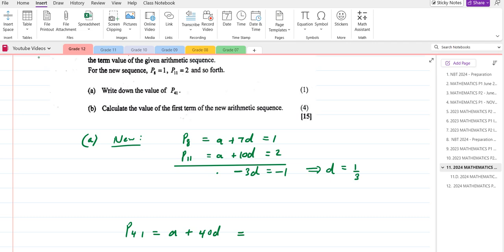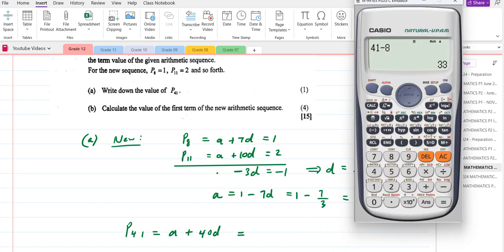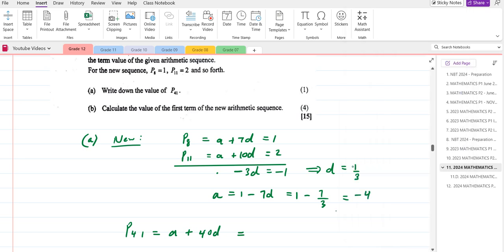Why is it 1 mark? Value of A will be 1 minus 7D. So that's 1 minus 7 over 3, because 7 times 1/3 is 7 over 3. What is 1 minus 7 over 3? I'm getting negative 4/3. So what's the value of P41?